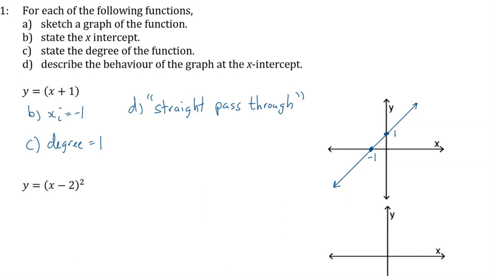Now, we often drop the straight part of that when we're describing it. And in fact, generally speaking, it's not often a question that we would ask on a test to describe it in words, and you would write out the word straight pass-through.